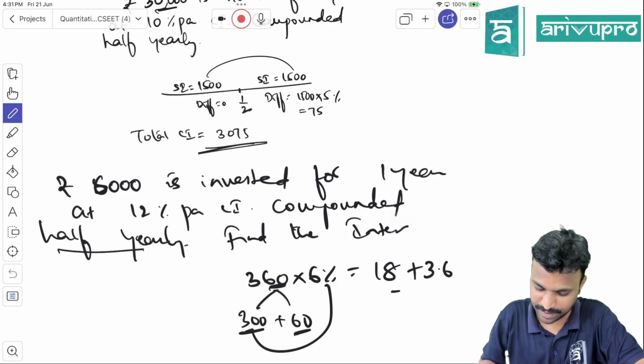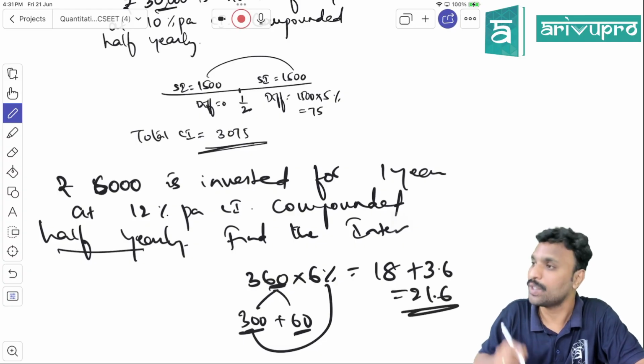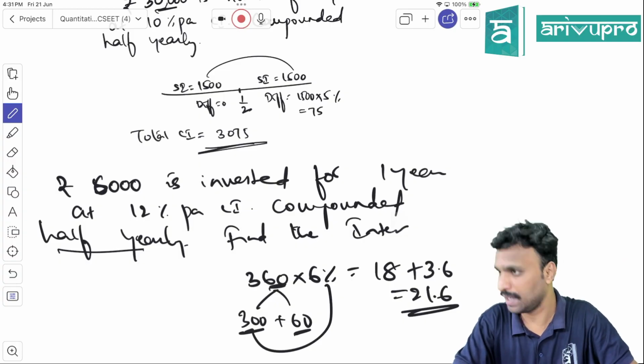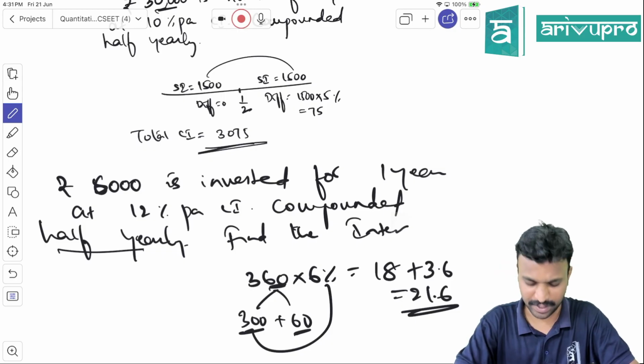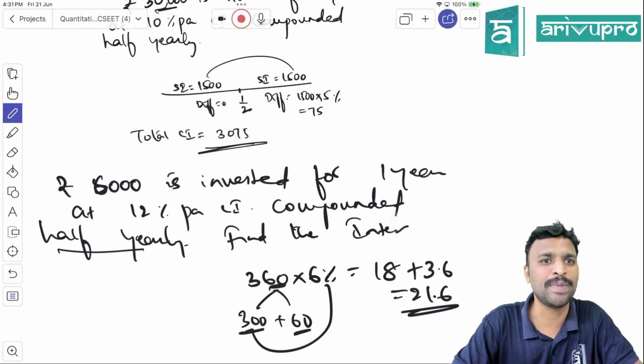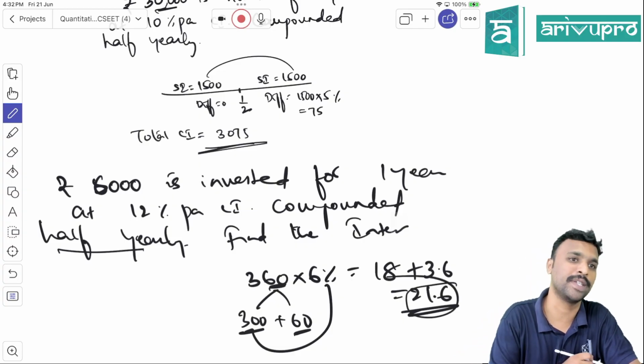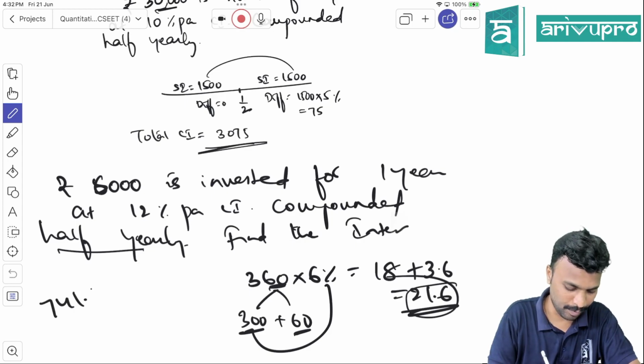So it becomes 21.6. This difference has to be added with the SI for the first half year and second half year. First half year SI is 360. 360 plus 360 is 720. 720 plus 21.6 is 741.6.